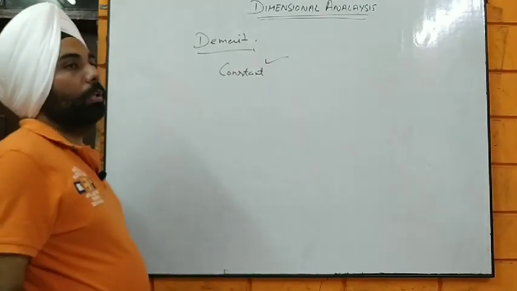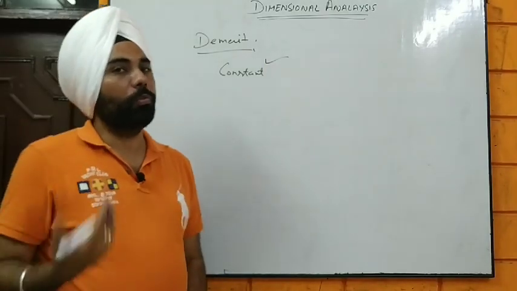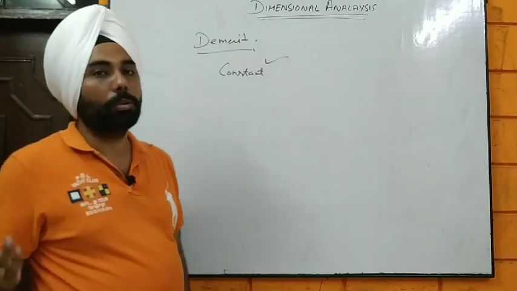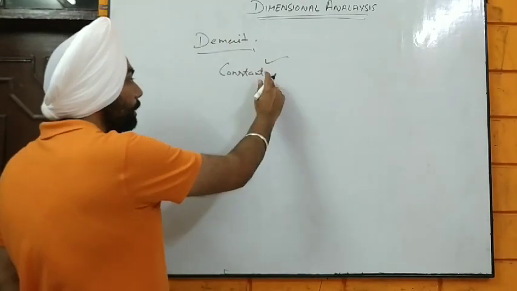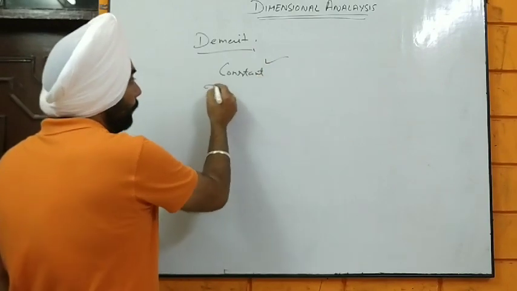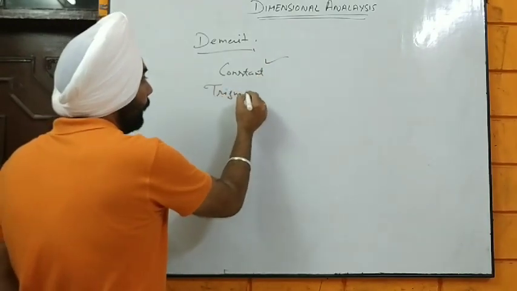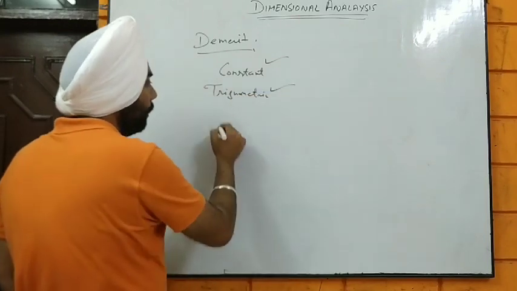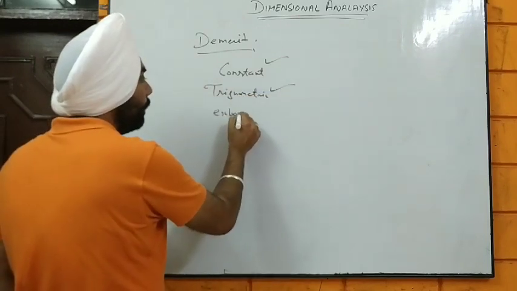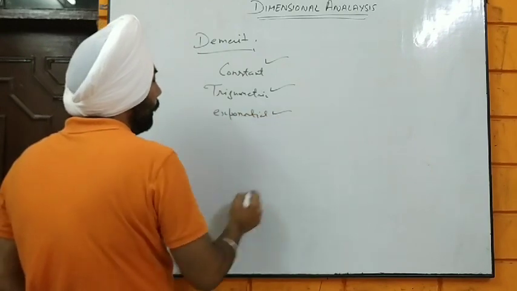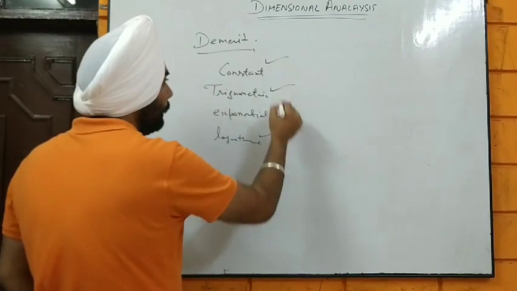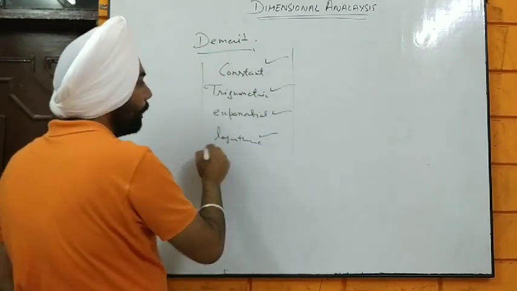K is equal to 1 or K is equal to 7 or K is equal to 5, nothing will change the dimensional formula. So it's not considering constant, that is the first demerit. It's not considering any trigonometric functions, no exponential functions, and no logarithmic functions. So these are the drawbacks of that.